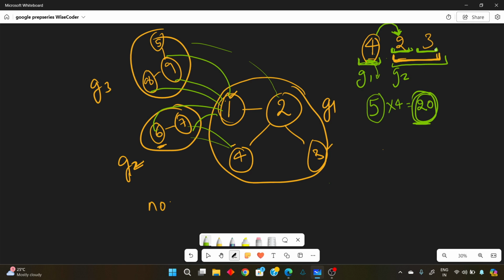We have 2 people, and for them 3 people are now unknown. We already counted the 4 people of group 1. For one person we have 3 unknowns, so for 2 people it is 2 into 3, which is 6. So the total number of pairs till now is 26.